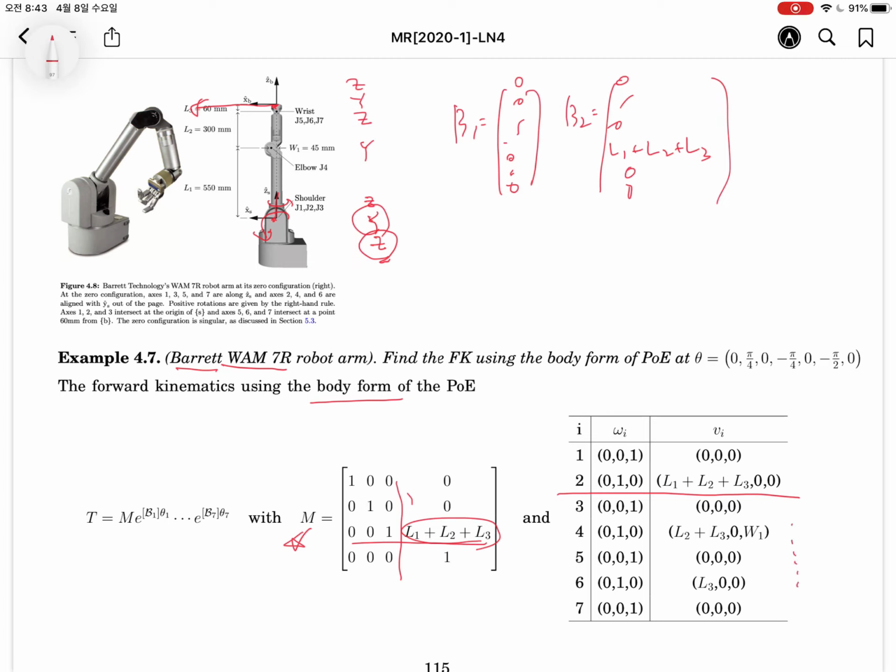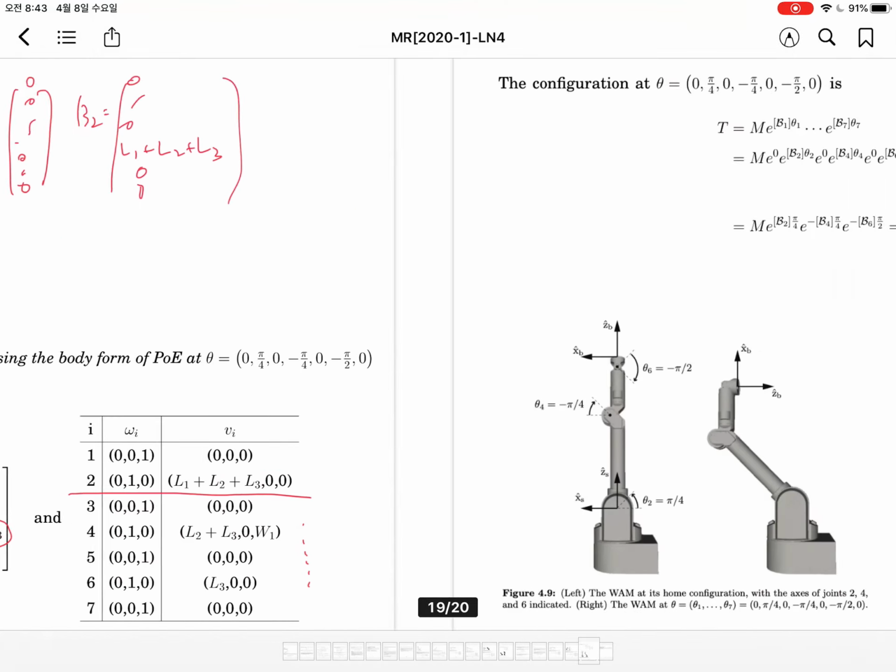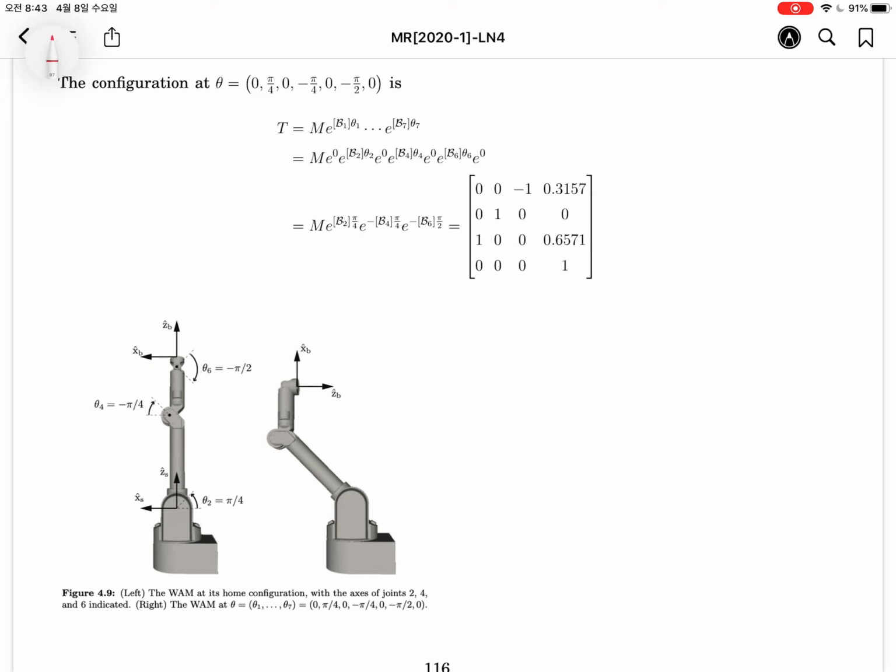So we have the second screw axis. Like this, we have the screw axes in the body frame. Okay, if you apply the 7 joint angles like this, then we can calculate the homogeneous transformation. So this is the initial pose, and this is the final posture using this kind of joint angle.